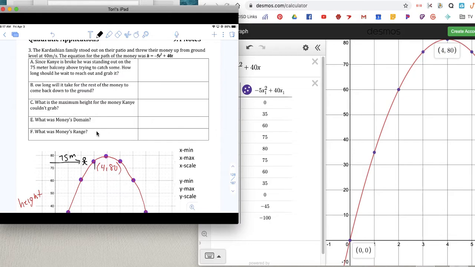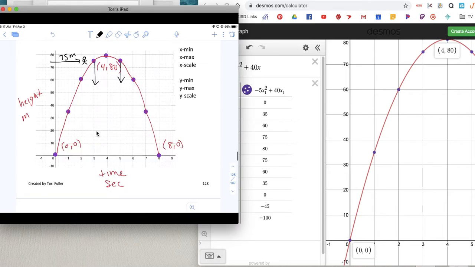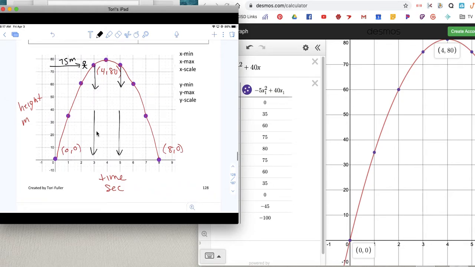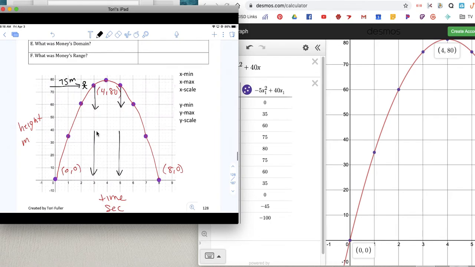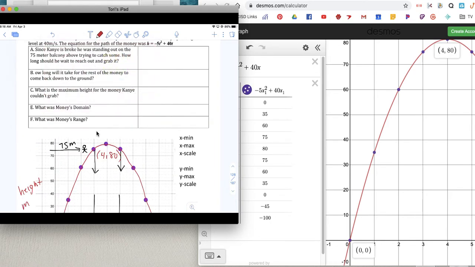So we need this point and we need this point. Okay, let me scroll up real quick. What times is the money going to be at 75? Well, we have two options. He could either wait for 3 seconds or at 5 seconds. Okay, go ahead and answer that question. So we can either go 3 seconds or 5 seconds.